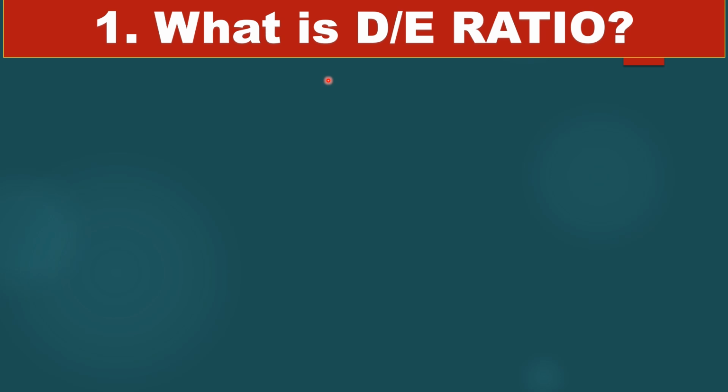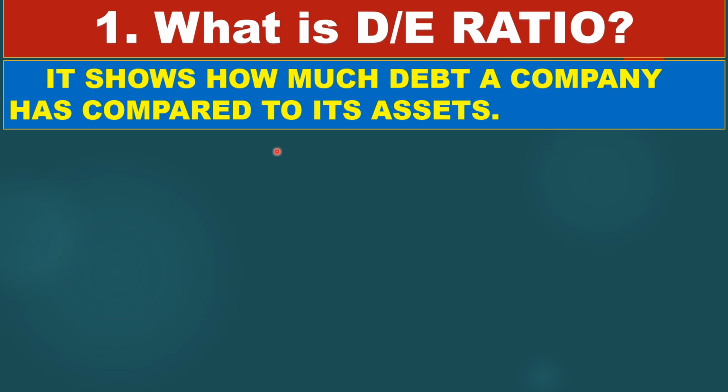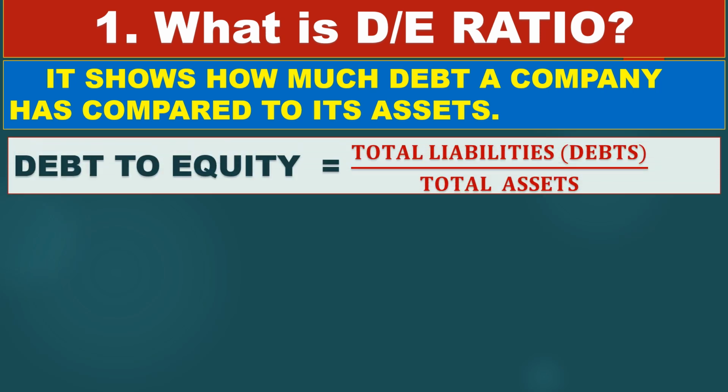Okay, let us see what is debt to equity ratio, DE ratio. It is the debt a company has compared to its total assets. How much debt it has compared to its assets. How is it calculated?